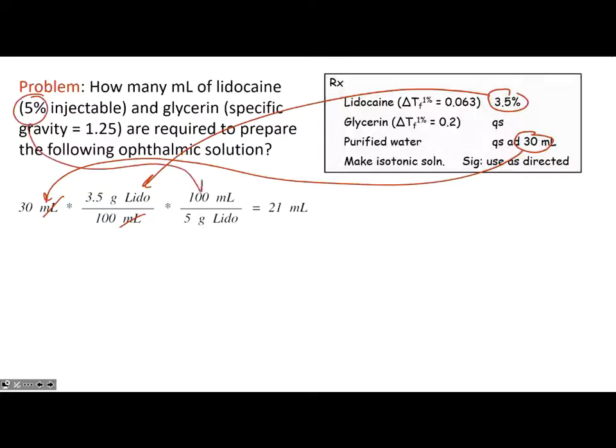So 5% injectable means 5 grams in 100 mils, but let's set it up so that if we multiply by 100 mils over 5 grams, grams of lidocaine cancel, and you get milliliters of that injectable. So to give enough lidocaine so that we make our 30 mils to be 3.5%, we have to use 21 milliliters of the injectable lidocaine. 21 milliliters of the injectable lidocaine provides us the amount of lidocaine we need in our ophthalmic solution.